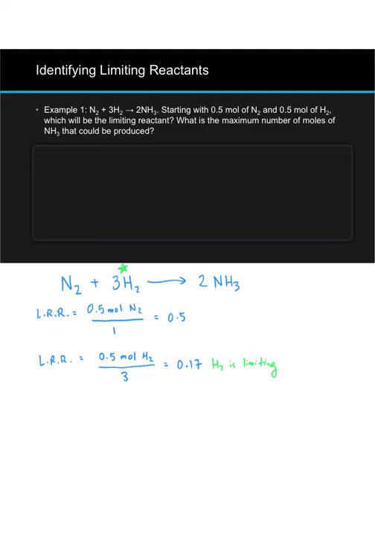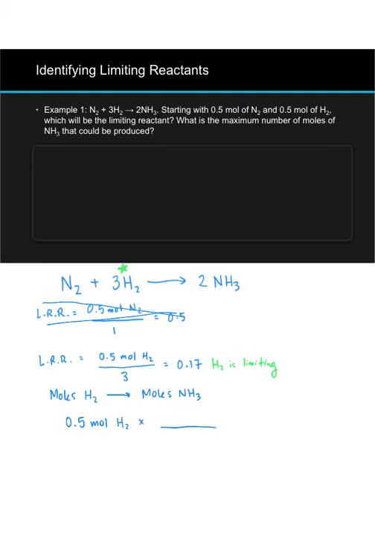We can convert from moles of hydrogen into moles of anything else we're interested in the chemical reaction and ignore nitrogen's contribution entirely. So, let's go from moles of hydrogen into the thing that we're interested in, which we can do directly in just one step. That's moles of our product ammonia, NH3. Our moles of hydrogen to start are 0.5.